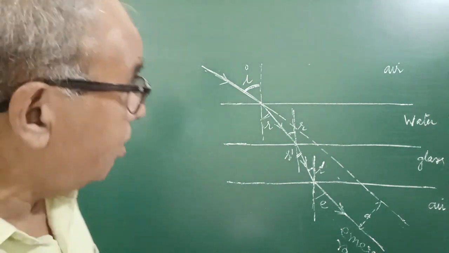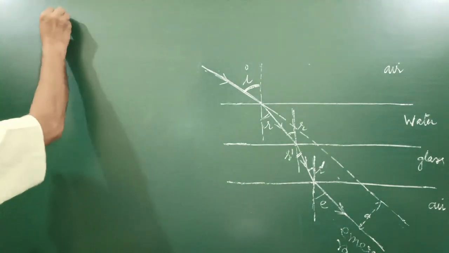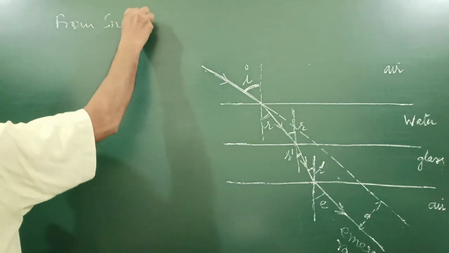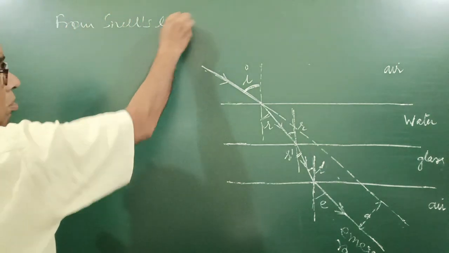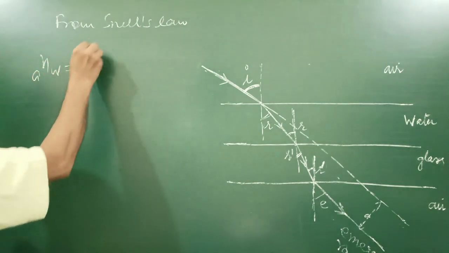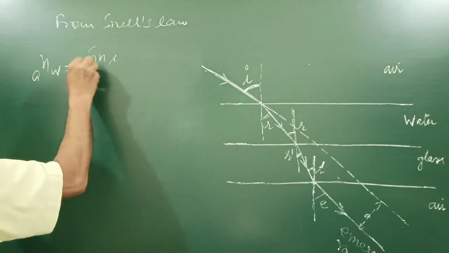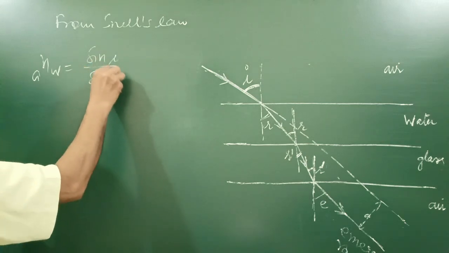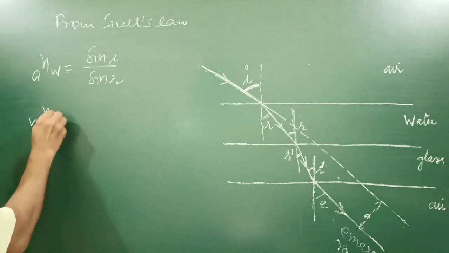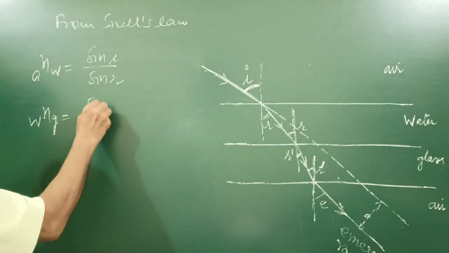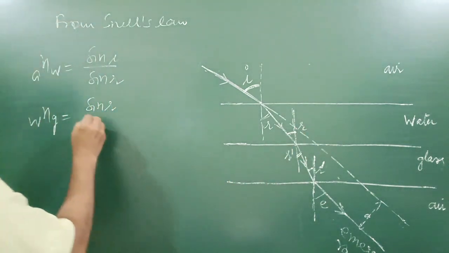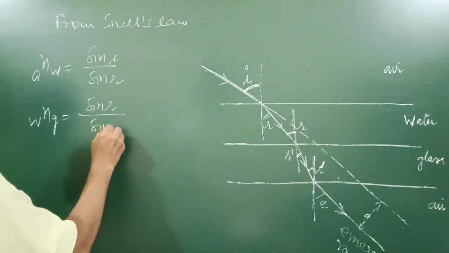From Snell's law, the refractive index of water with respect to air, aμw, is equal to sine i upon sine r, and wμg is equal to sine r upon sine r dash.